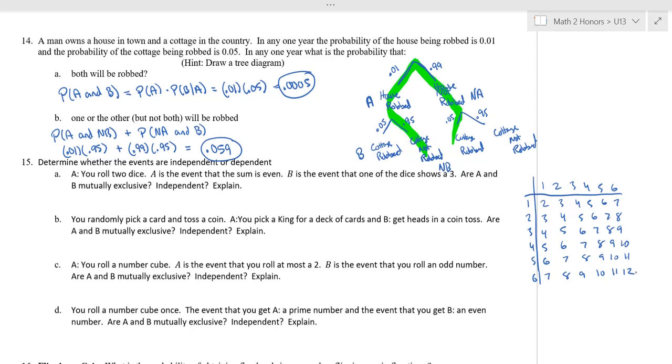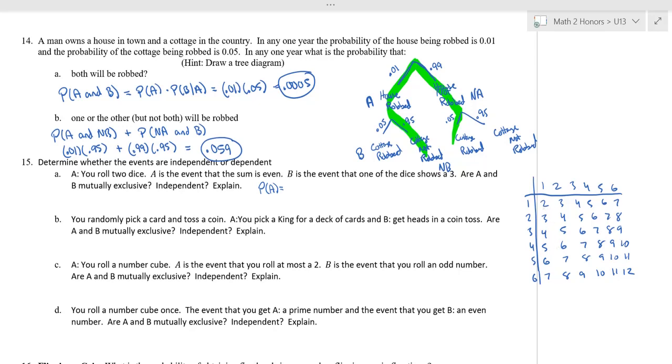Alright, so A is the event that the sum is even. Okay, so the probability of A, let's take a look at that one. How many even sums are there? Well, you can count them up.